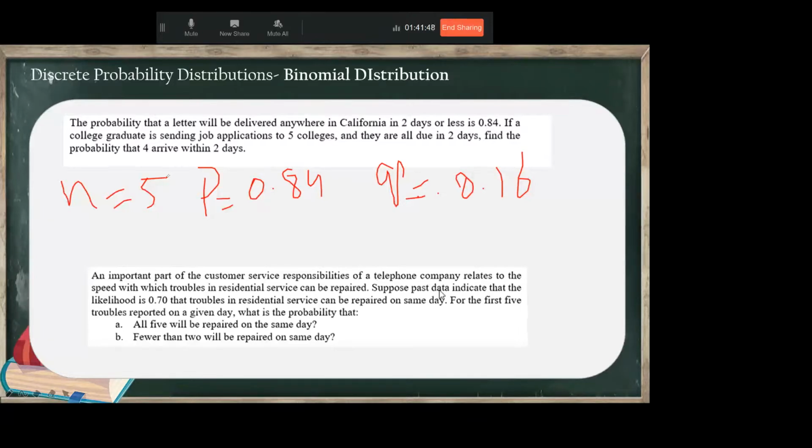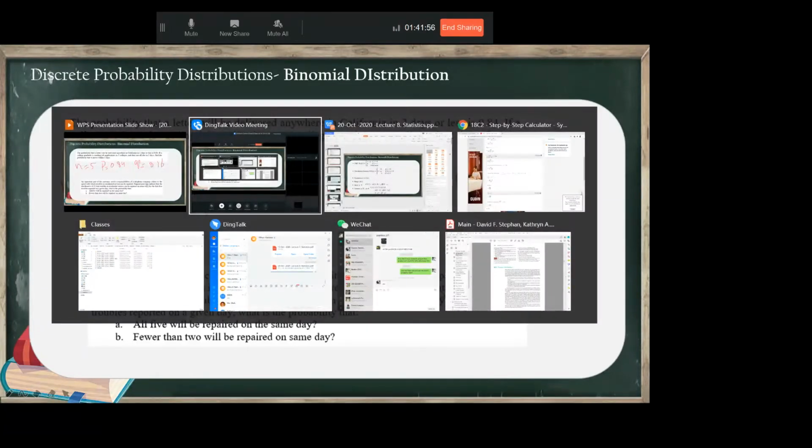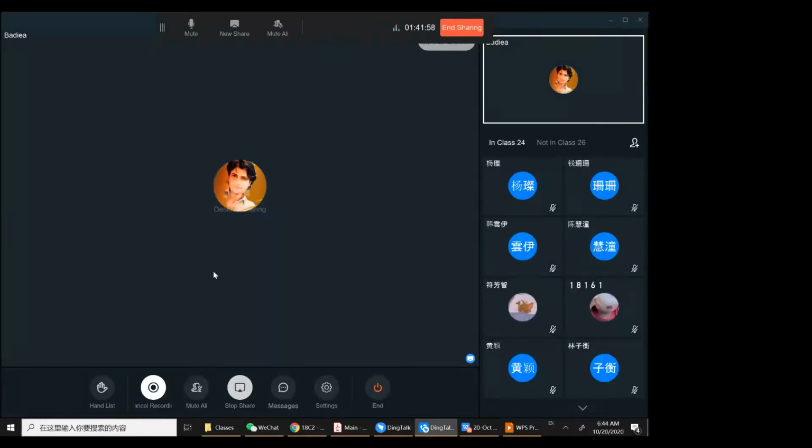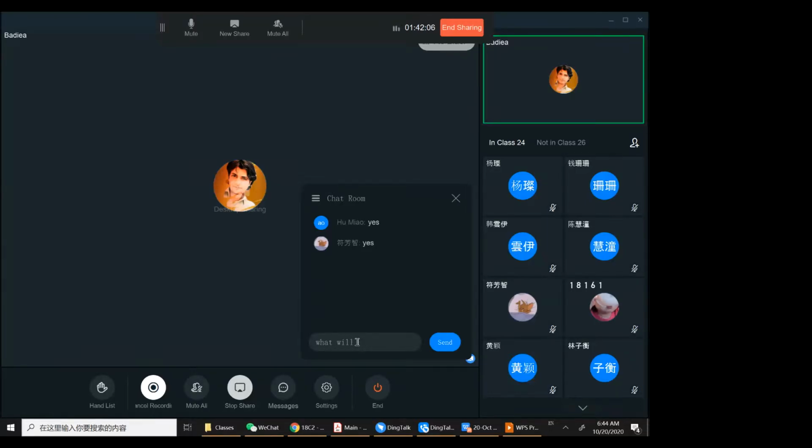But first tell me what will be the mean? Who can tell me the mean? What will be the mean? Mean, variance. What will be the mean and variance here?